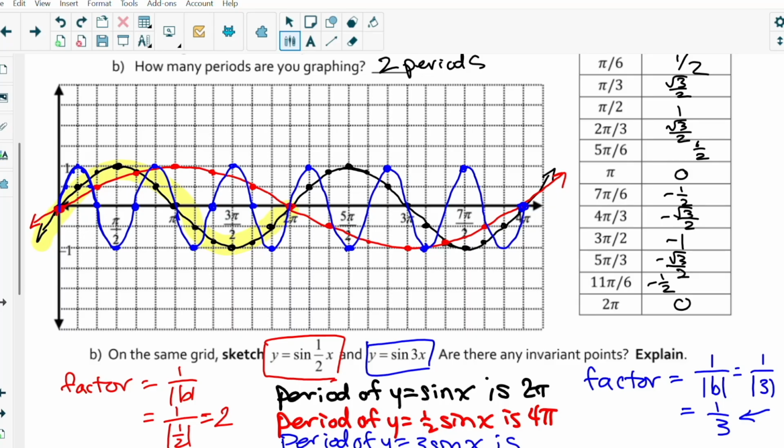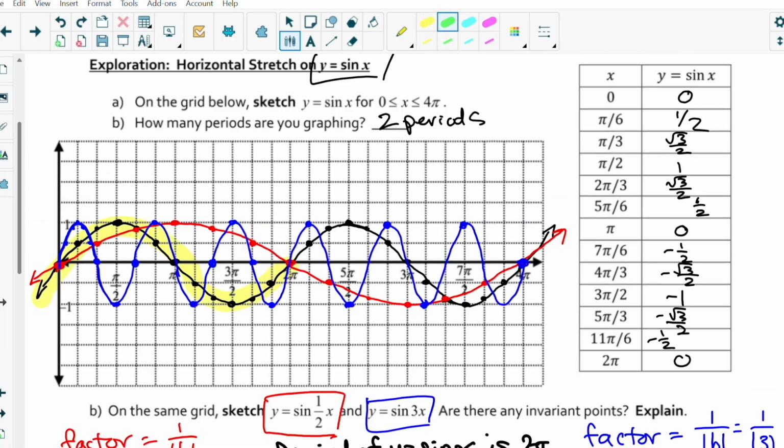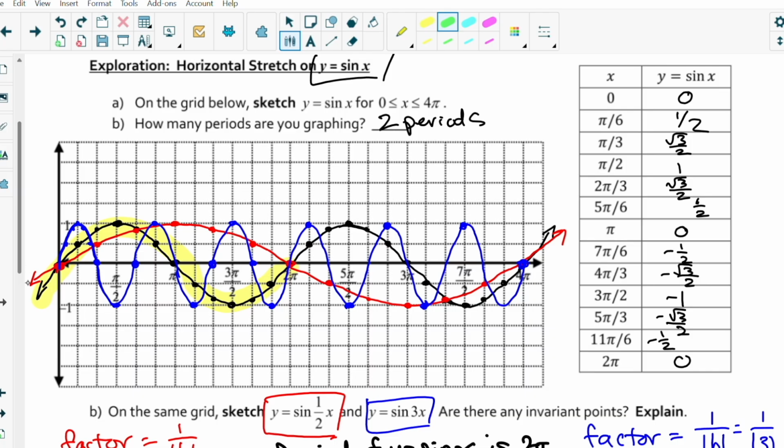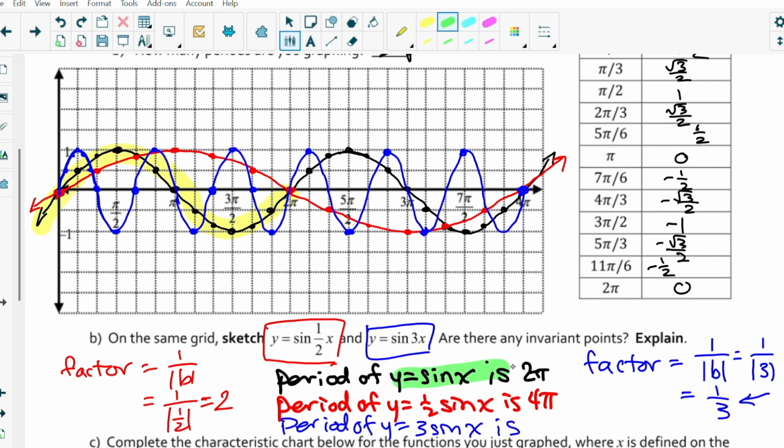So in yellow highlighter, I've shown the period of y equals sine of x as 2 pi, right? So that's clearly 2 pi. Let's show in pink highlighter here, y equals sine of 3x is, what is it? So it's 1/3 of 2 pi.